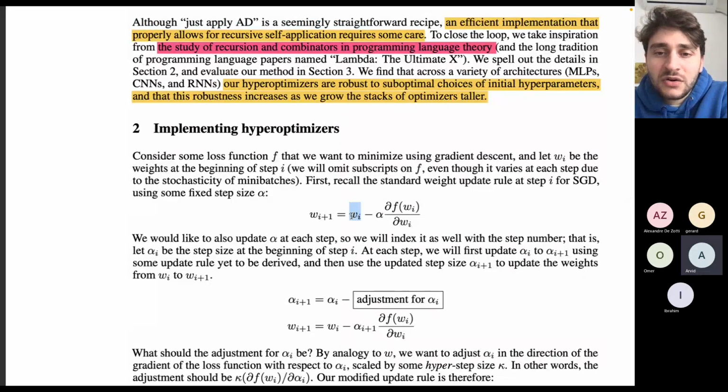You have the weights of your model. F is your loss function. You calculate the gradients with respect to the weights of your model. And then you want to minimize your loss function, which is why there's a negative sign here. And you update with some step size alpha. So you're just making a small step in the direction that would decrease your loss at each time step.